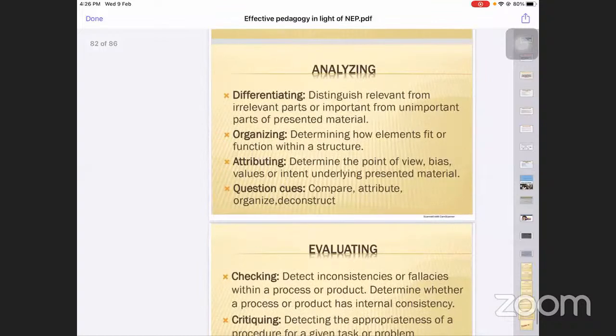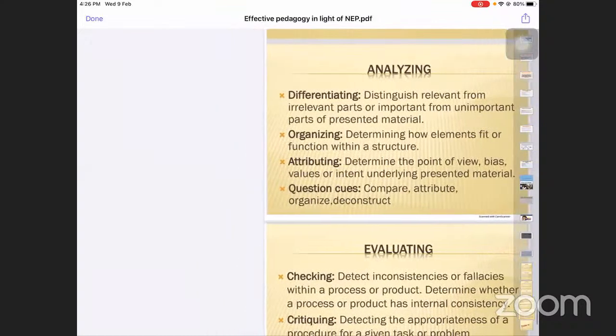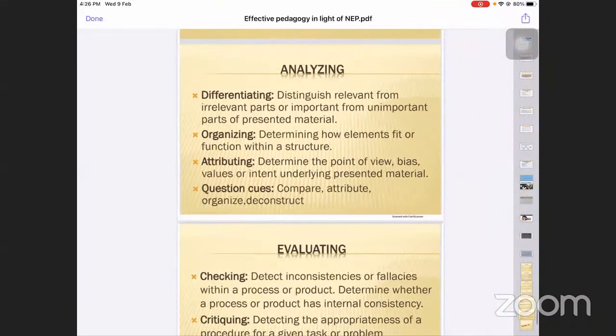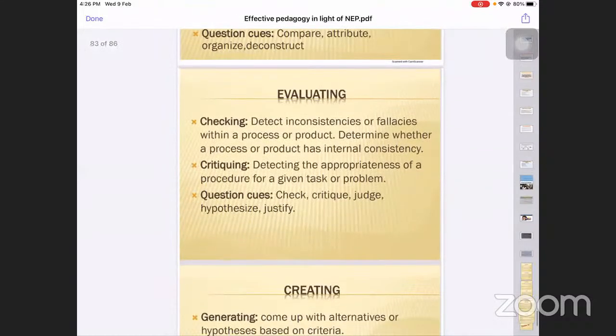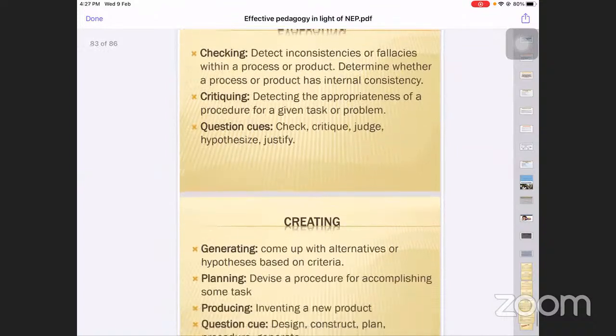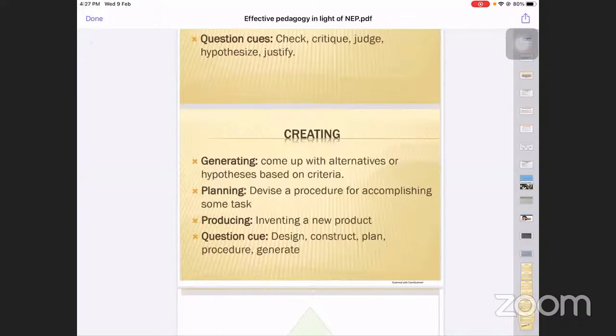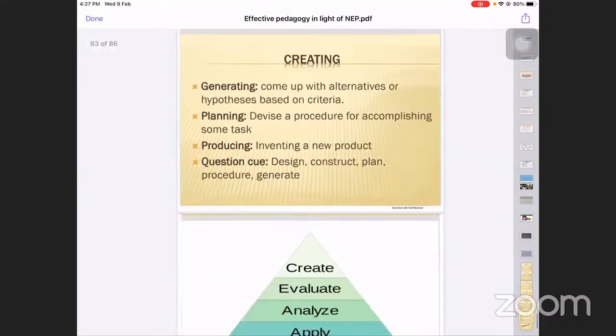In analyzing, again, categorizing, differentiation, organizing, attributing, these are the questions. Evaluating, checking, critiquing. This is checking, determining that the product that you have developed, that the behavior that you have developed, you check it, judge it, hypothesize, justify. Creating, generating, planning, producing.